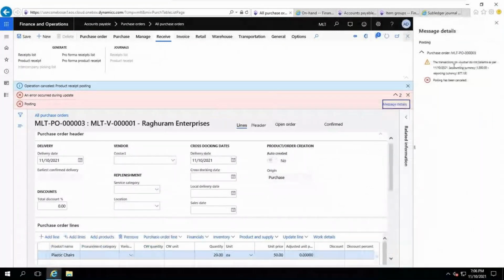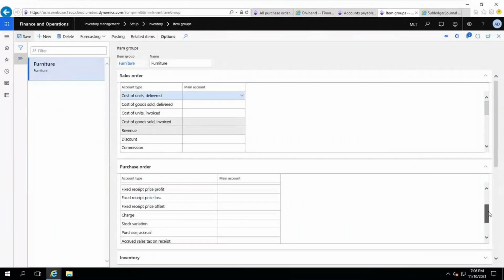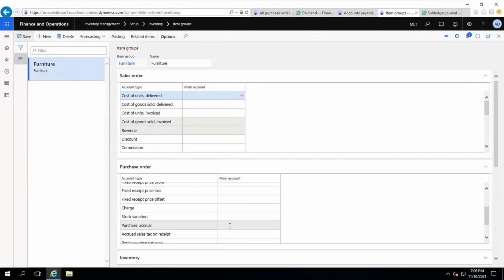The transactions on the voucher do not balance. It is showing that it does not balance. A different error message. Frankly, this means I have not mapped. Actually, it is not correct. It is the purchase accrual account that is not mapped. That's what it should show, but it is showing differently.